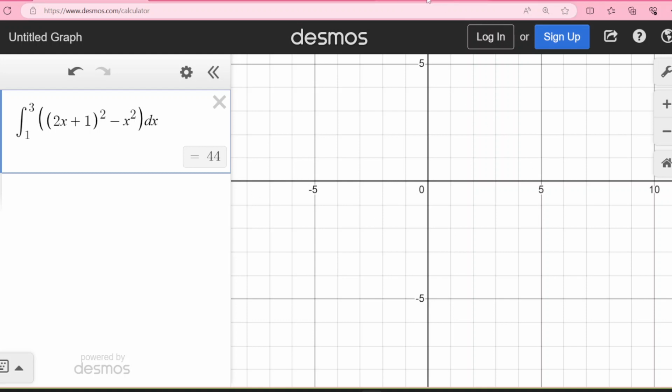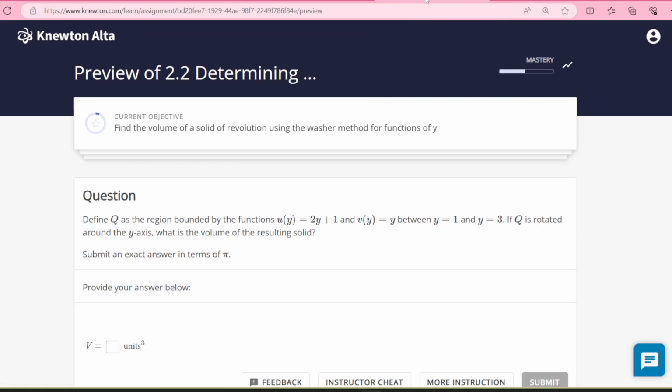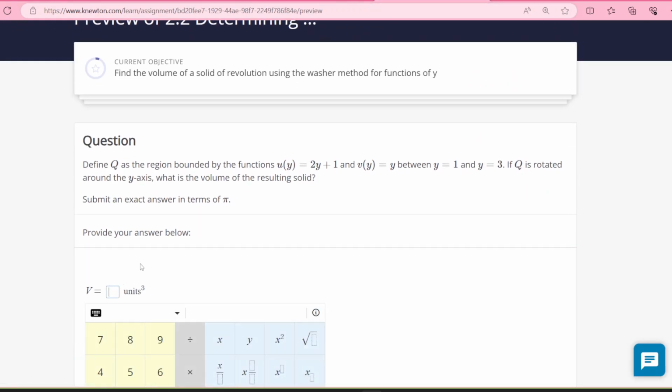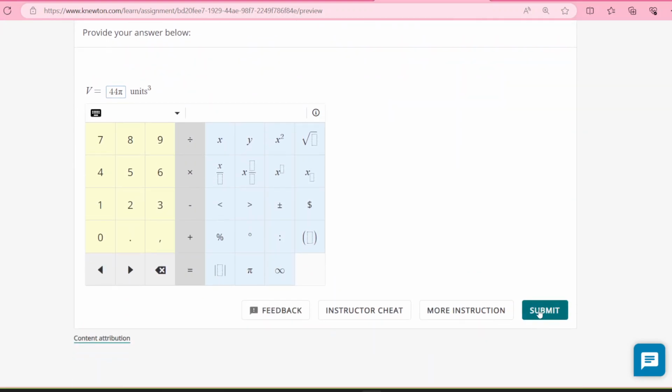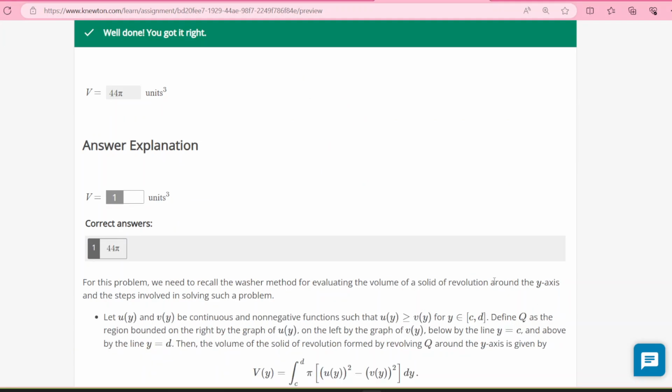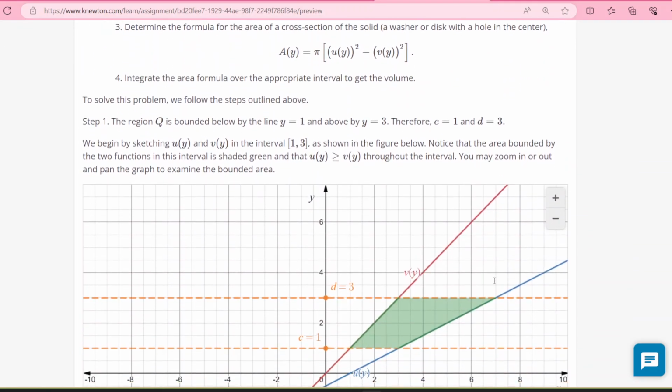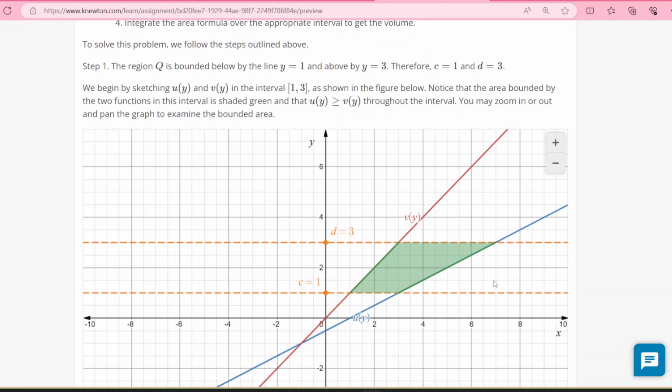There was a pi there. So I'm going to enter that. So pi times 44, 44 pi cubic units would be the volume of that shape. Great. Again, if I test you in class or whatever, you're going to have to do that yourself, not just enter it into some calculator.